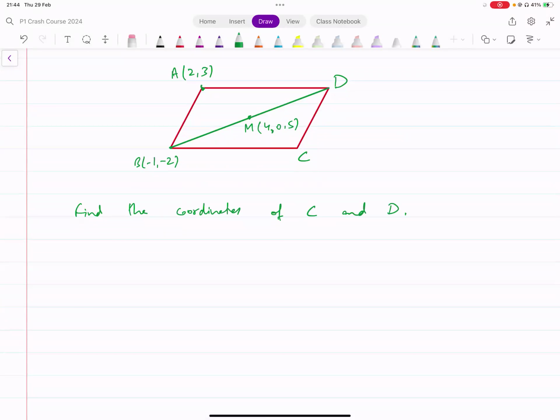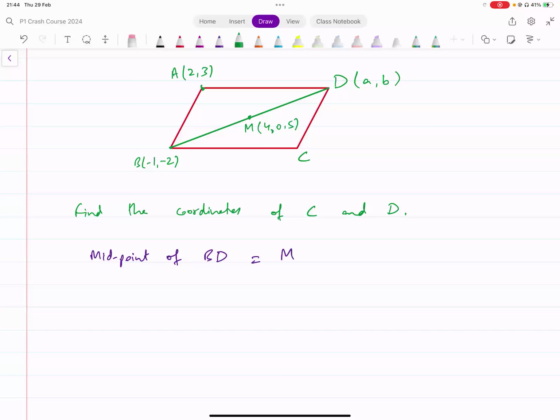Now, one idea could be that you use the midpoint formula, right? If you start with D first of all, you could find D using the midpoint formula. The midpoint of BD is M, right? Let's consider the coordinates of D to be (A, B).